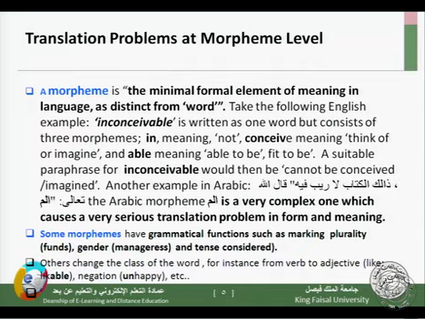This is my own opinion. So this is an example of how serious a morpheme could be in translations. A clever translator should really be aware of the potential problems that a morpheme would cause.